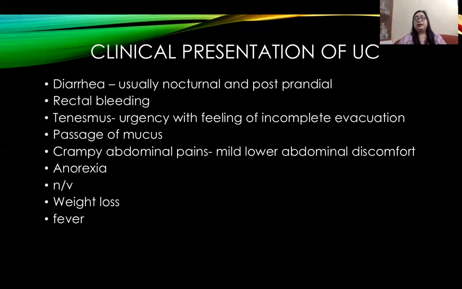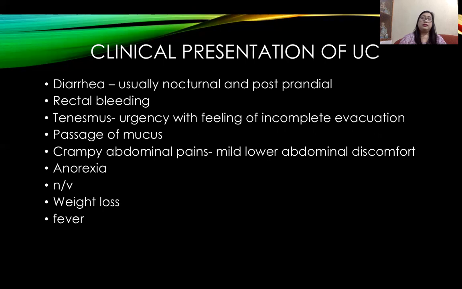So what are the clinical presentations of your ulcerative colitis? Your ulcerative colitis may present with diarrhea. Usually this is nocturnal and right after eating. Patients may complain of rectal bleeding. There is usually tenesmus or urgency with feeling of incomplete evacuation, passage of mucus.